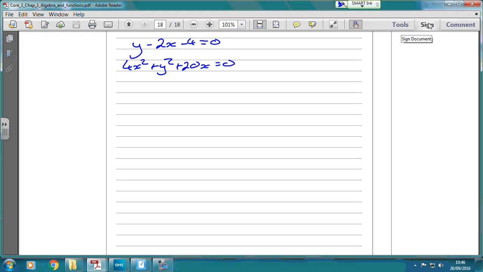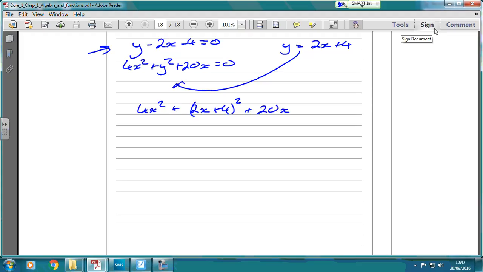So we've got to have x equals or y equals. It makes sense for the top to get rid of everything apart from the y. So you're going to have y equals 2x plus 4. Then we're going to substitute that into this. So you're going to get 4x squared plus 2x plus 4 squared instead of y squared plus 20x equals 0.